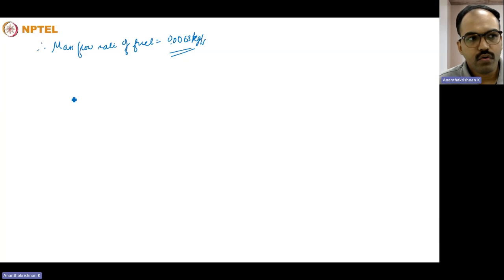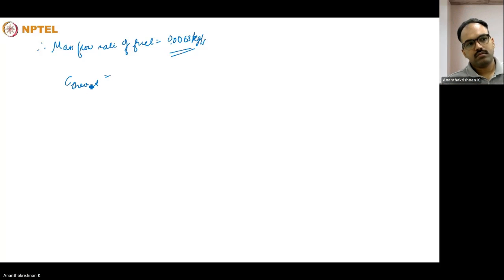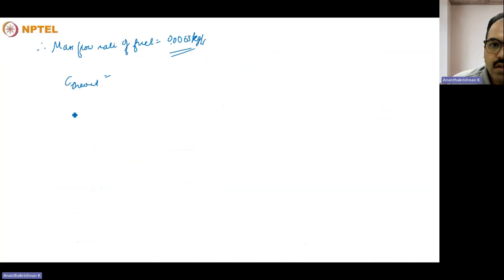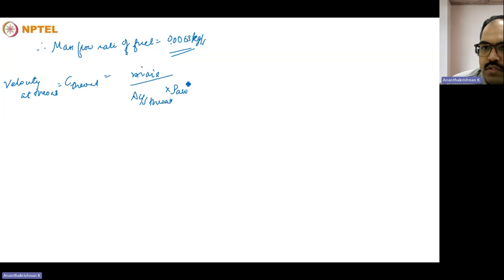So we know the velocity at the throat. The velocity at the throat will be given by the mass flow rate of the air divided by area of the cross section of the throat into rho air, because the fuel doesn't come into picture there. We have already calculated the mass flow rate of the fuel from the previous case.